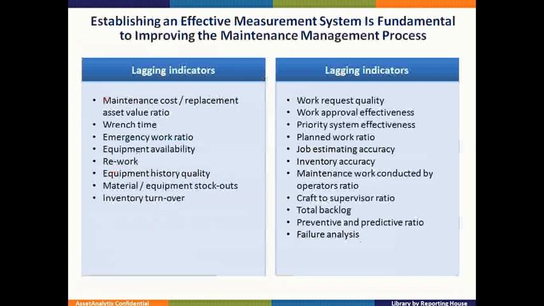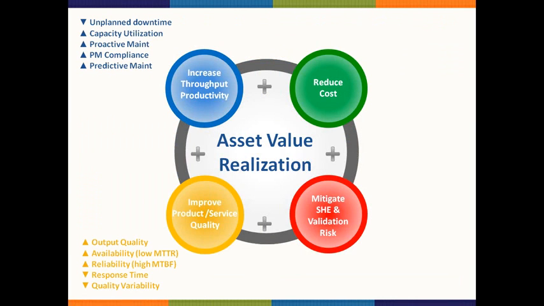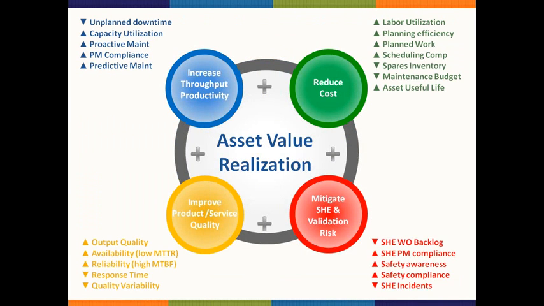Some of these examples of lagging indicators versus leading indicators, I think I made a mistake. So we can look at the impact of the leading indicators on the lagging indicators. This is another example where these were just 4 objectives that this organization had. In their asset value realization, these were the KPIs.